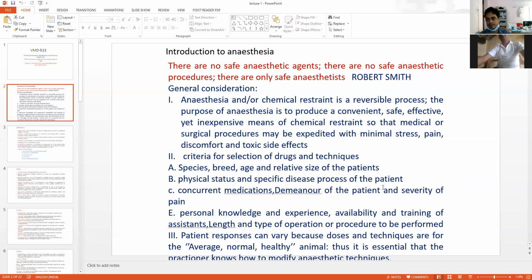That's why we recommend blood tests, kidney function tests, and liver tests before giving any anesthesia, so that we know the status of the liver, kidney, and heart. The physical status and specific disease process of the patient should always be considered before any anesthetic procedure. Also concurrent medication, history of the patient, severity of the pain, personal knowledge and experience, and availability of training and assistance. These are all points you have to consider before administration of any anesthesia.